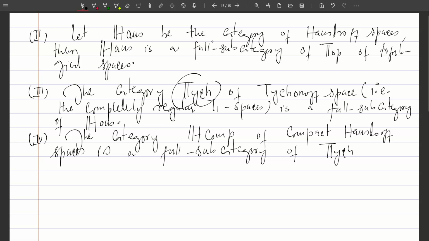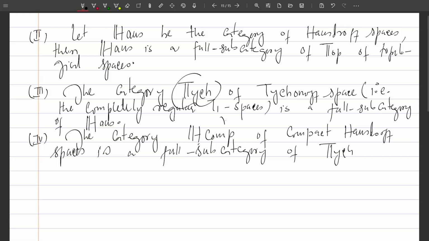Every compact Hausdorff space is a TYCH object. If we take an object A that is a compact Hausdorff space, then A is also a completely regular T1 space. So the object class in HCOM is properly contained in the object class of TYCH.